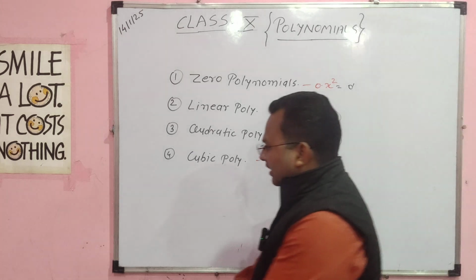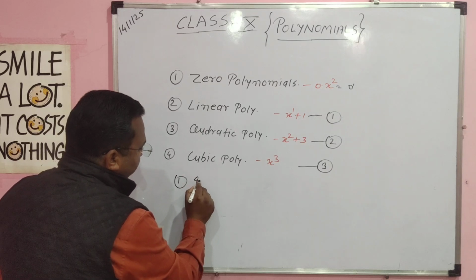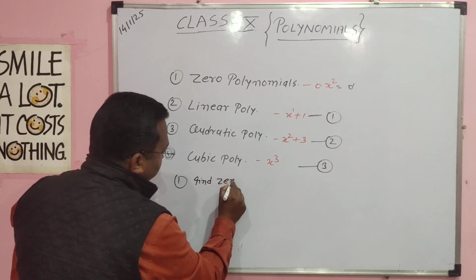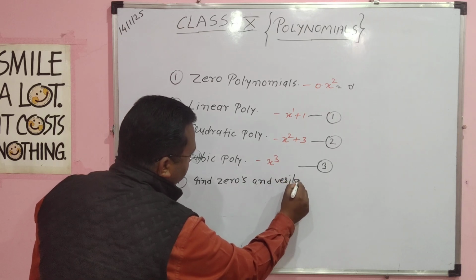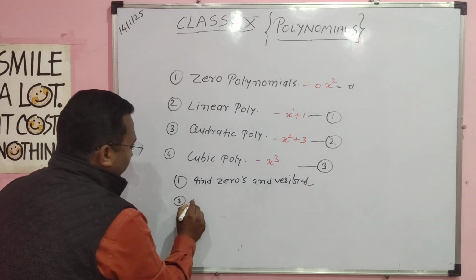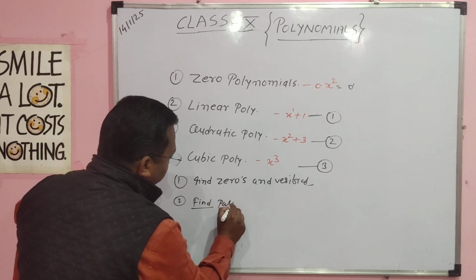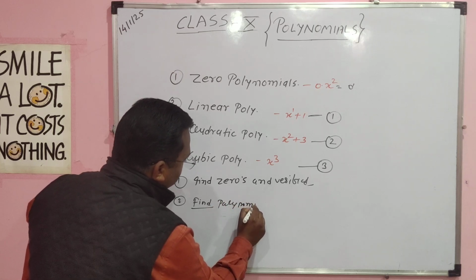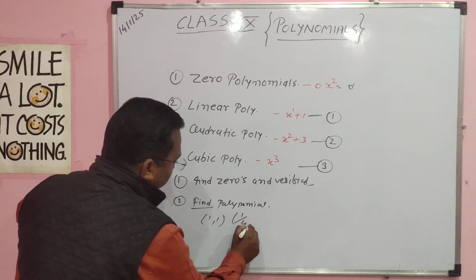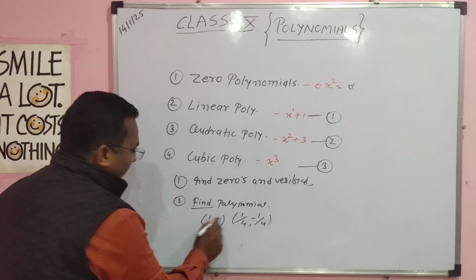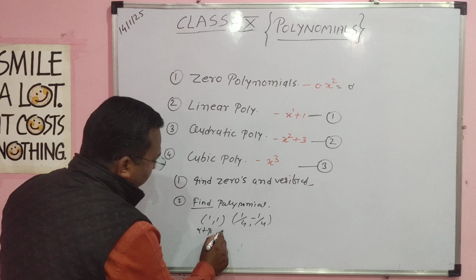And second thing is what type of questions are in the chapter. Mainly two types of questions are in the chapter. First is find zeros and verify. And second is find polynomial, with the help of sum of zeros and product of zeros, where a question gives values like 1 and 1, or 1 by 4 and minus 1 by 4.